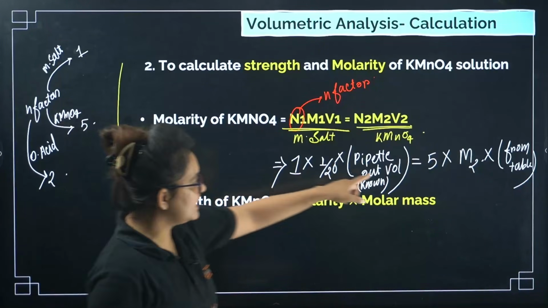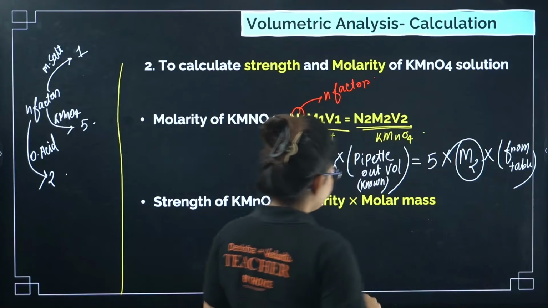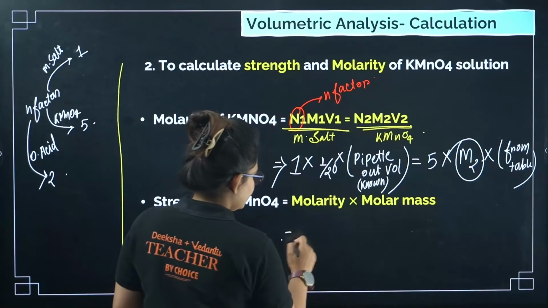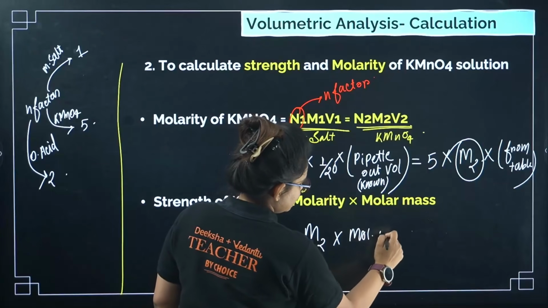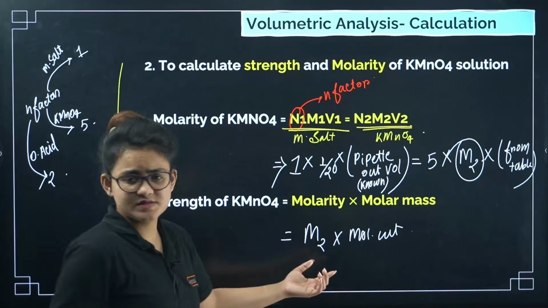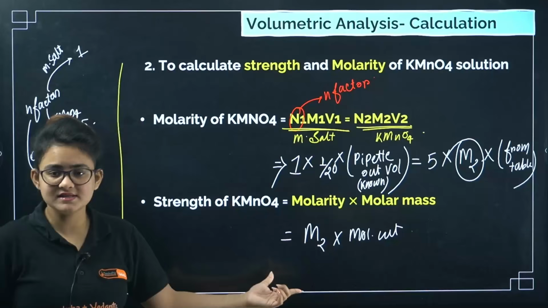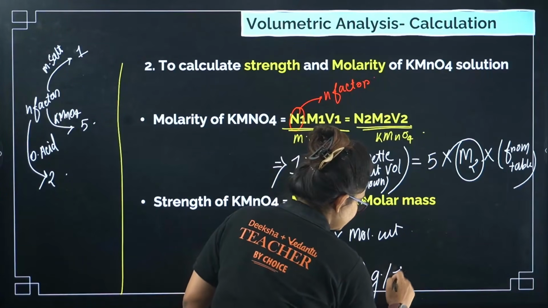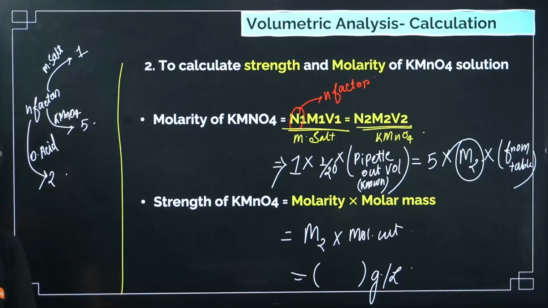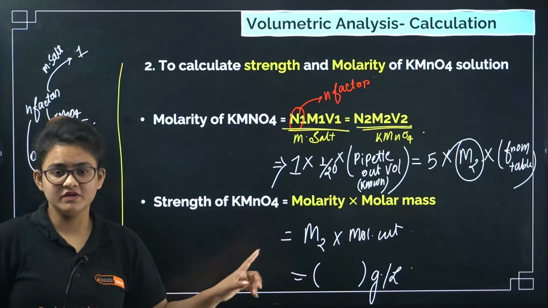Now once you get the M2 value, you put that M2 value here: molarity into molecular weight of KMnO4. The molecular weight of KMnO4, I guess, is 198. You multiply it with this and that will give you the amount in gram per liter. So this is how the calculation will proceed.